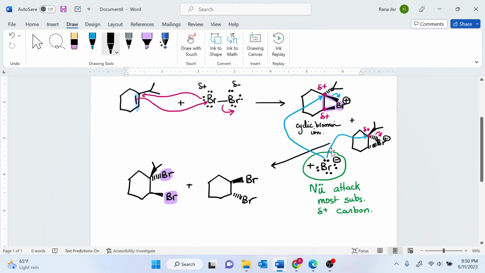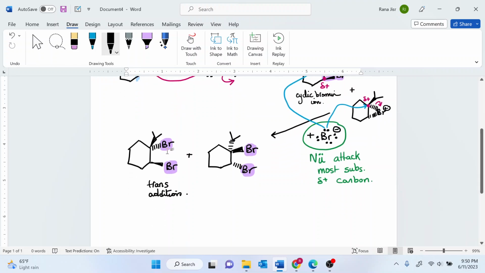Again, the nucleophile here cannot attack from the same side of the cycle, so it always needs to attack from the opposite side to break the cycle. This is going to push this group over here to be at the back. Still, I'm going to end up getting my trans addition in this case.